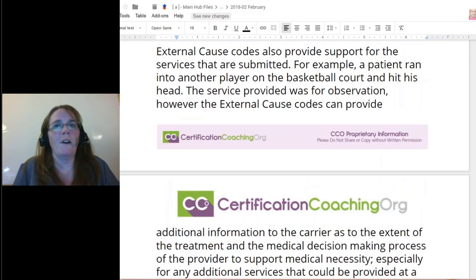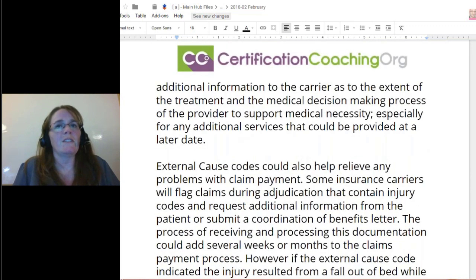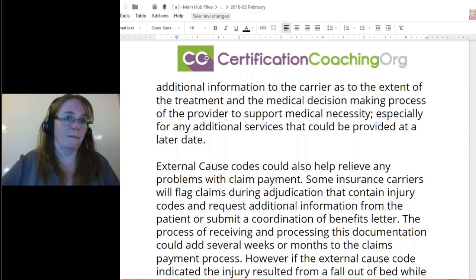However, the external cause codes that get reported on the claim can provide additional information to the carrier about the extent of the treatment that was given, about the medical decision-making process that the provider used, and finally about medical necessity. So if any additional services are provided at a later date, say a couple days later they have other complications and need a scan, you have your basis for your medical decision-making.